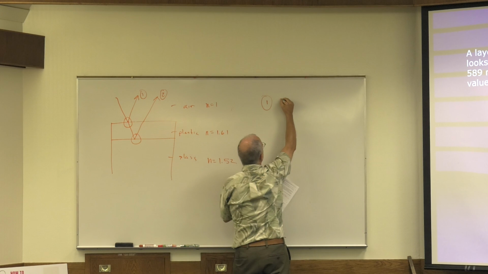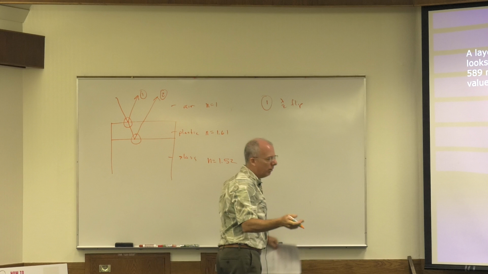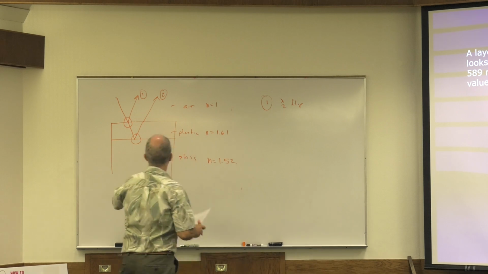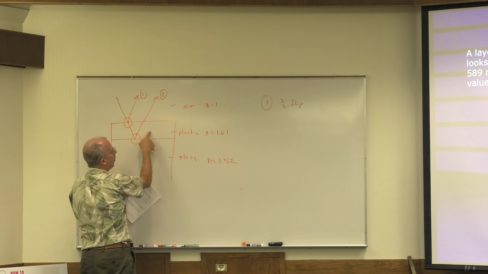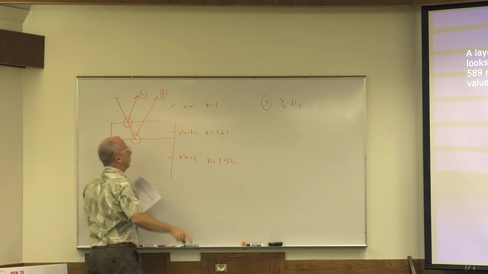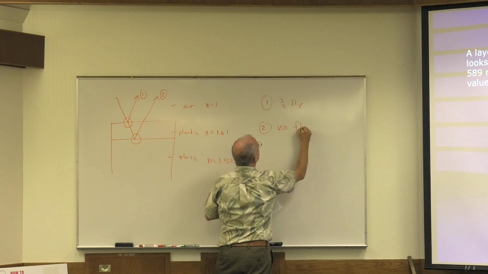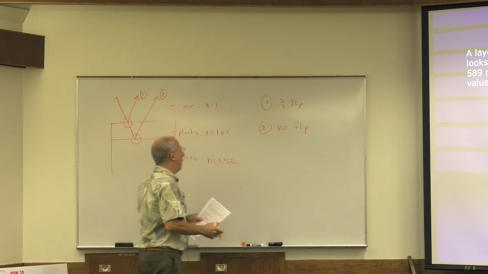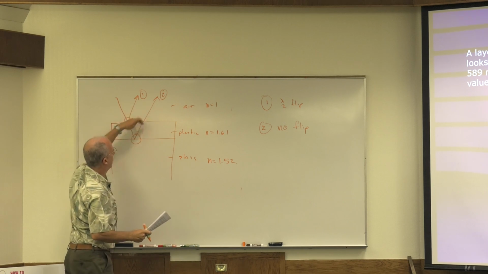I just call it a lambda over 2 flip, meaning like an inversion. Okay, how about 2? 2 goes from plastic to glass, 1.61 to 1.52, no flip. So number 2, no flip. So this one is inverted. This one is not inverted.